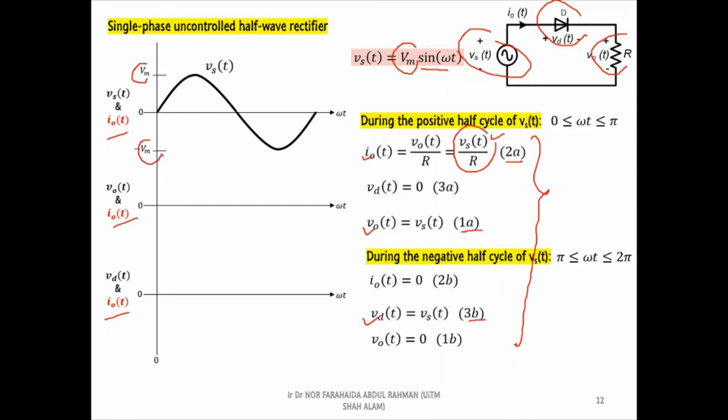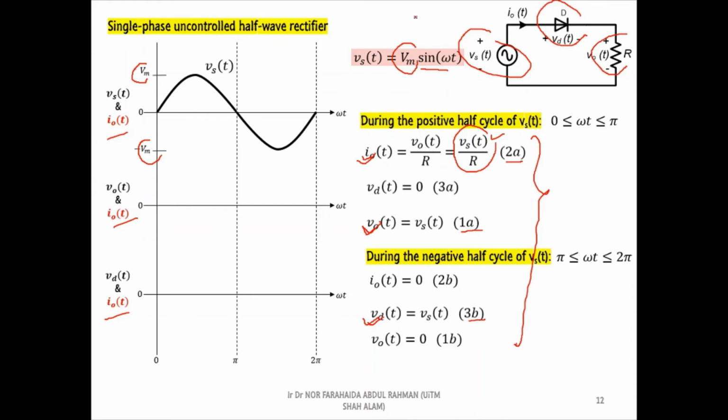Thus, according to the previous discussion, we now know that the current, output voltage, and diode voltage in these equations are also sinusoidal. For the next step, we need to sketch two vertical lines to separate the positive and negative half cycles of the supply voltage waveform.